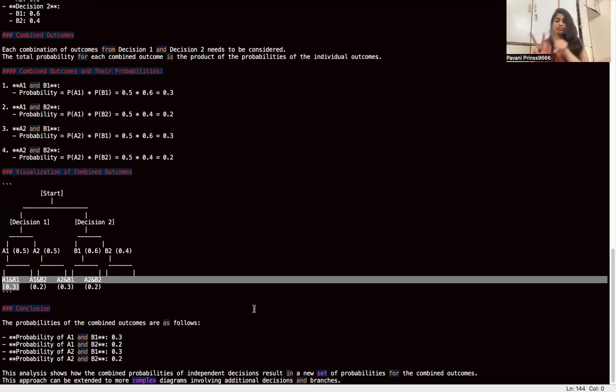You will take A1 and multiply with both of them: A1, B1, A1, B2. Now A2, again A2, B1, A2, B2. You will combine them and then you will get a new set of probabilities, which is used for normal combined outcomes. And also make sure that these are independent decision outcomes.